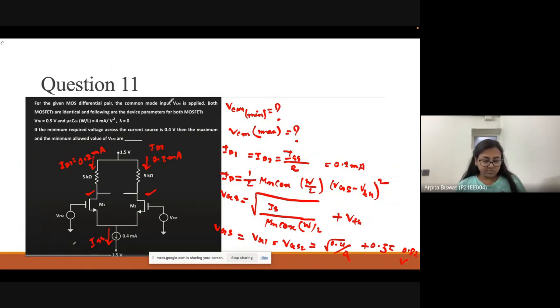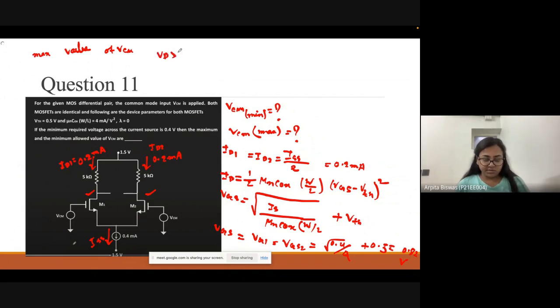Now we are going to find the maximum input voltage, the max value of VCM.